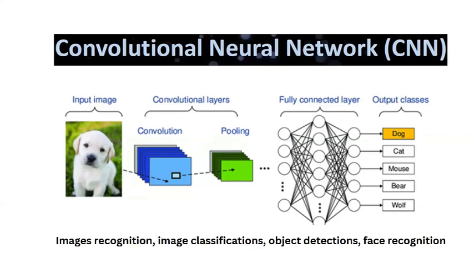Practical usage of this kind of neural network we can see mainly in image recognition, image classification, object detection, face recognition, etc. Basically, the first convolution layer we use to identify features. Now you have two examples. In the previous example I had a bird, but here it's a small dog.